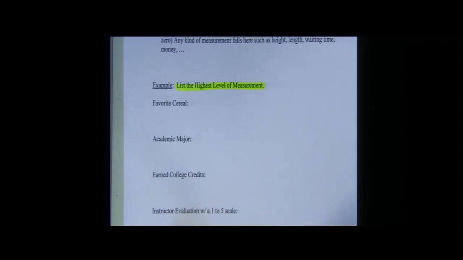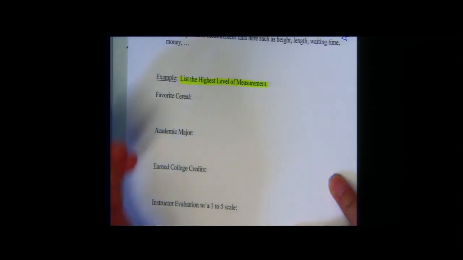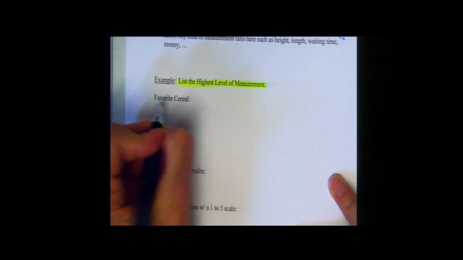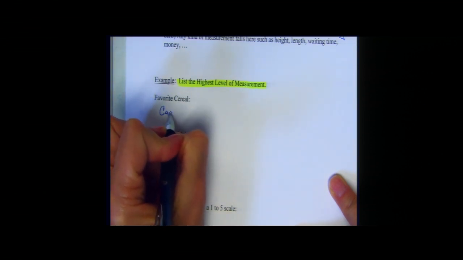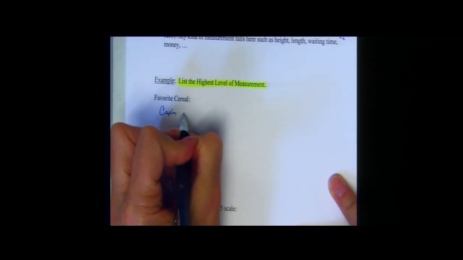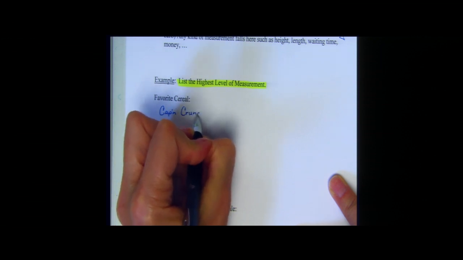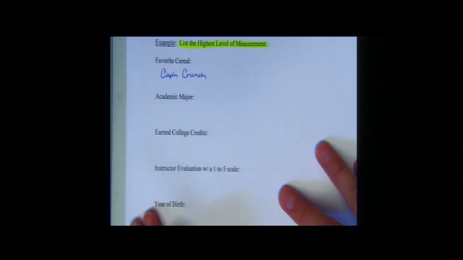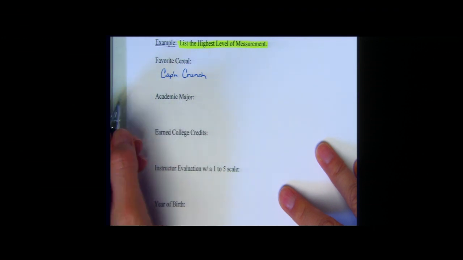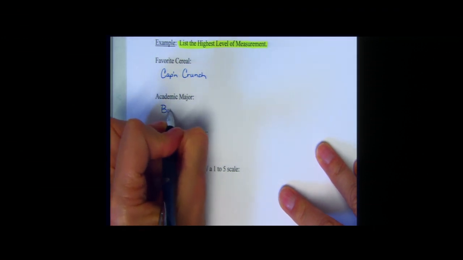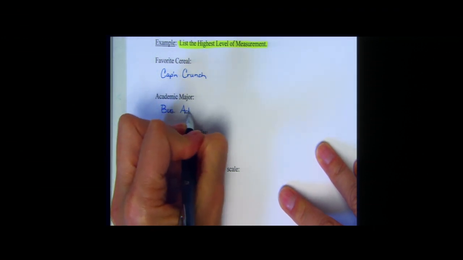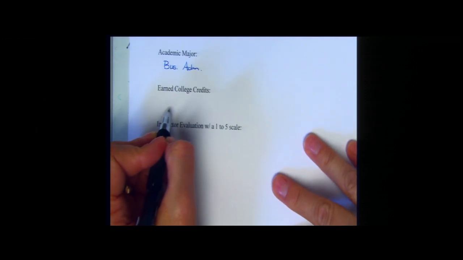All right, so let's go through some examples. Let's say someone told me their favorite cereal was Captain Crunch. Great snack. All right, let's say I asked somebody what their academic major was, and they said business administration. And then I was gathering data, and I said, okay, how many earned college credits do you have?